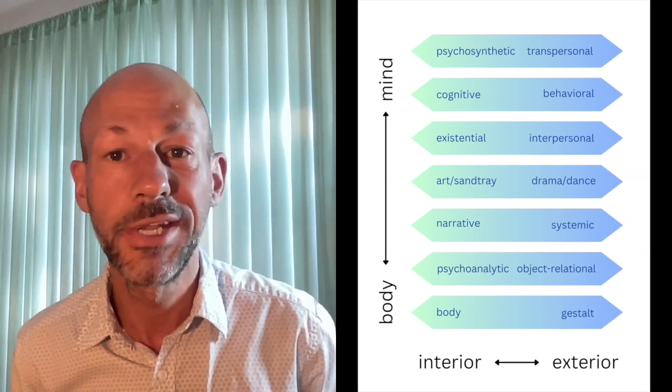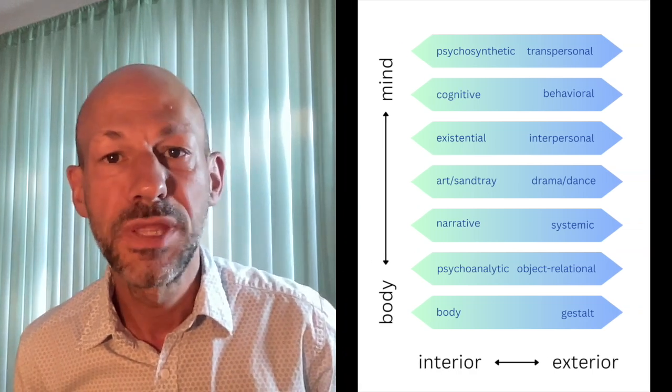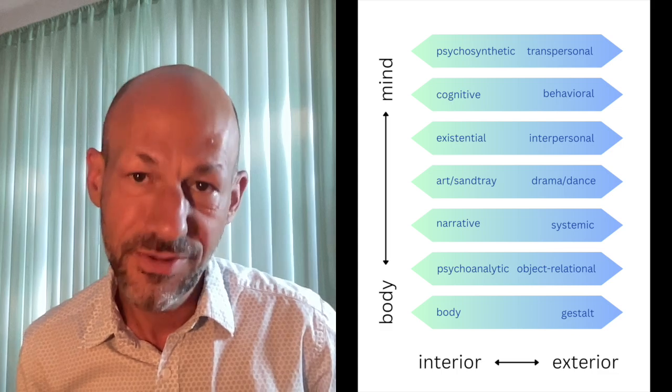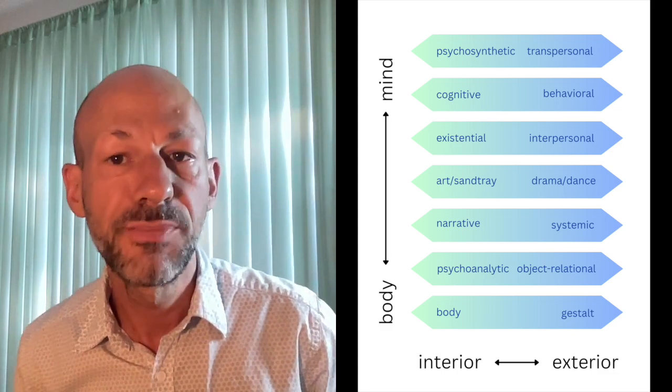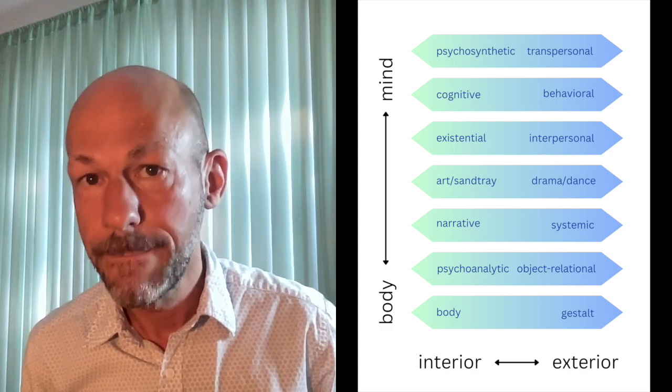Now, those are 7 broad psychotherapy traditions which we can further subdivide each one into 2 sub-traditions. And then we can understand how these therapy traditions relate to one another by plotting them on this chart that you see right here. We plot the traditions from the more physically oriented on the bottom of the chart to the more mentally or spiritually oriented up top.